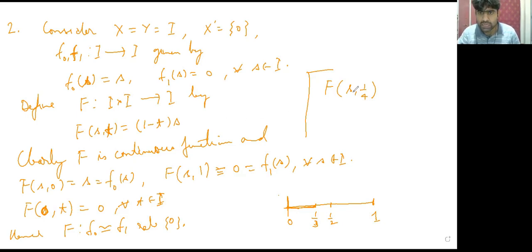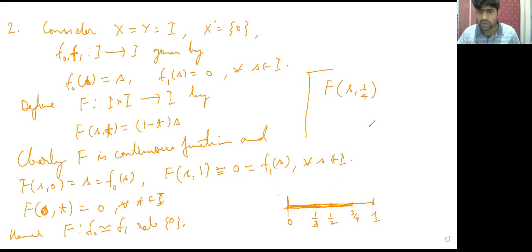So if you consider f_s at 1 upon 4, then what will happen? This 1 minus 1 upon 4 is 3 upon 4. So 1 goes to 3 upon 4, something like here. And correspondingly other points also get mapped. So this whole interval is mapped to this one. Now if you consider t equal to half, then the whole interval is mapped to this one.